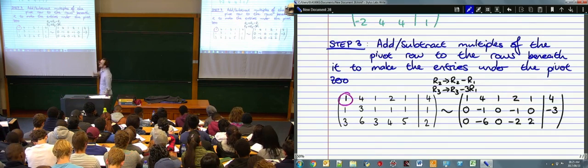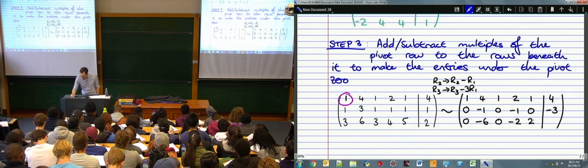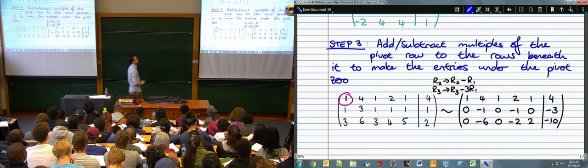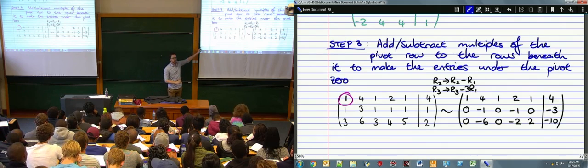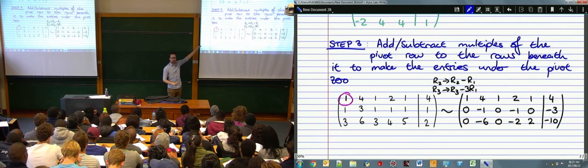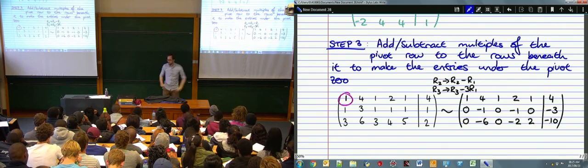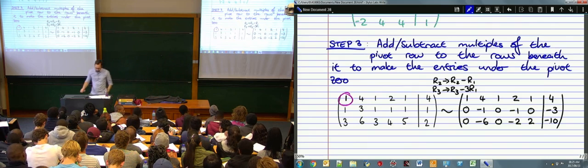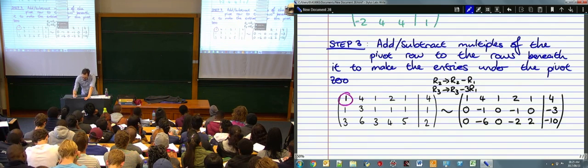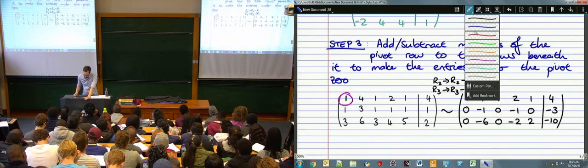And then 2 minus 3 times 4, 2 minus 12, is negative 10. Is everyone happy with this step? Okay, so this was step 3. Step 4.